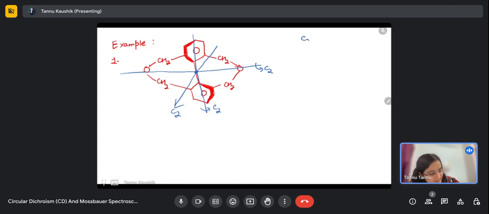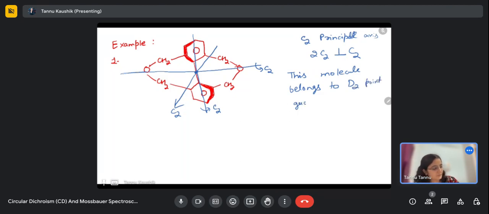So in this case we have C2 axis as the principal axis, and we have 2 C2 perpendicular to this C2. So here we can say that this molecule belongs to D2 point group. So now how can we say that this molecule is optically active?